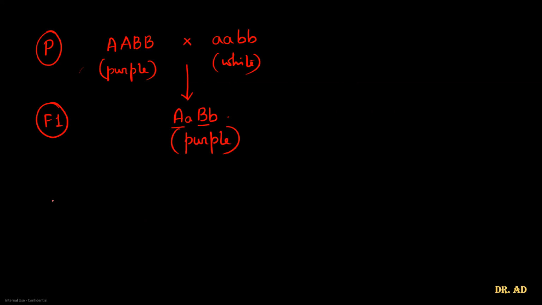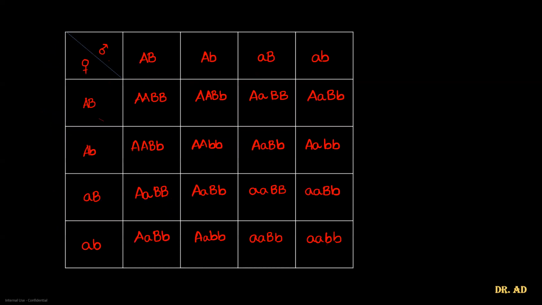Now selfing is done for F2. In F2, what do we get? Here we will see the checkerboard. These are the gametes produced.